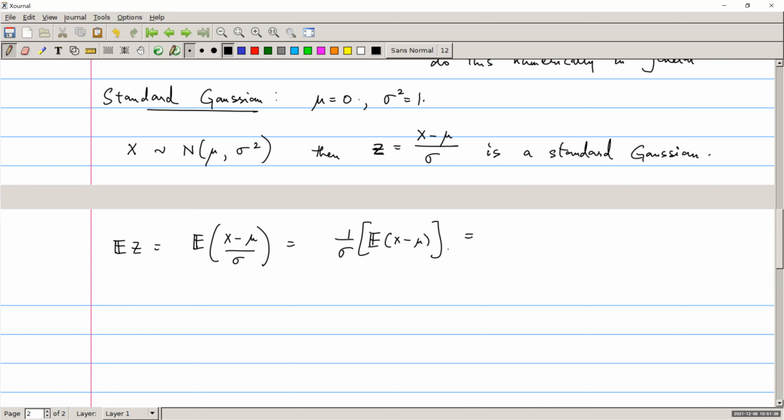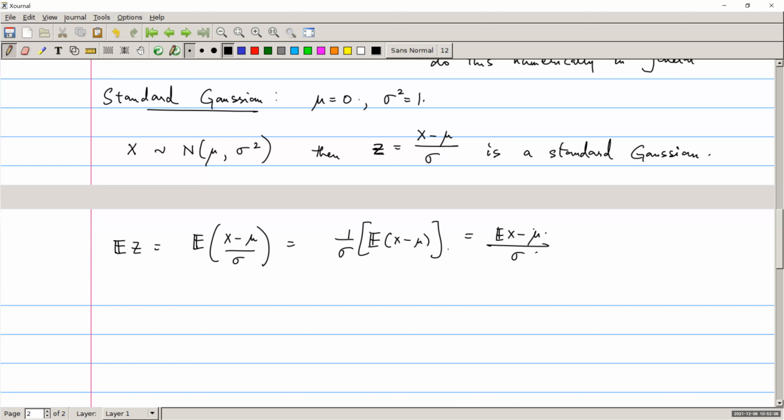And the linearity property of expectation then means that this is divided by sigma. The expectation of a constant is just the constant, because you can interpret mu as a random variable that is equal to mu everywhere on the universe, and therefore its expectation will be mu again.